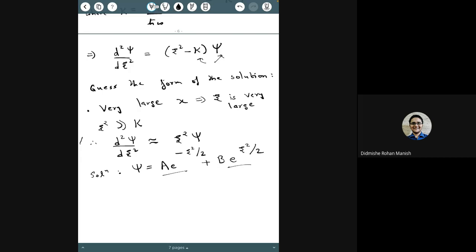Ma'am, how did we get this solution? I did not understand. I mean, you just wrote it down. Oh yeah, this is a standard differential form, so I just wrote it down. But this is just a normal mathematical solution. So you integrate everything 2 times and you will get this. So we did it for a minus xi square.